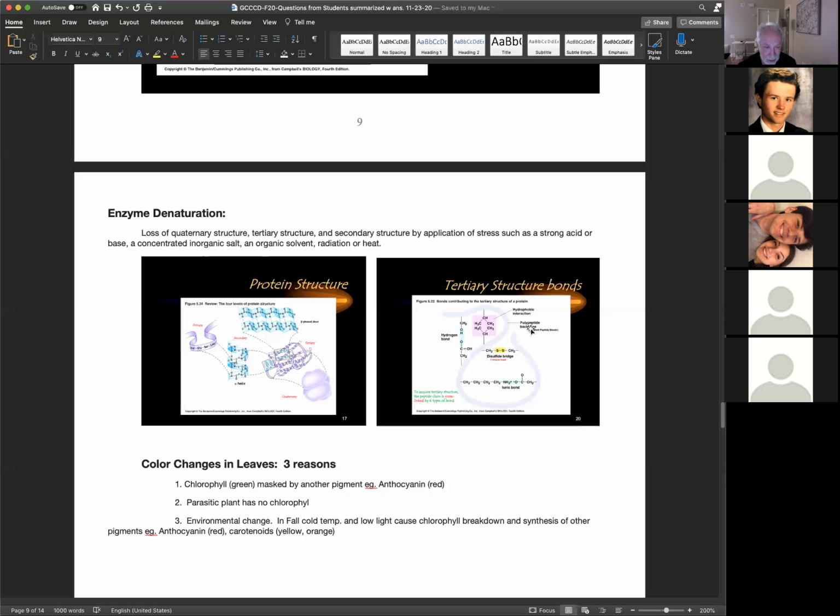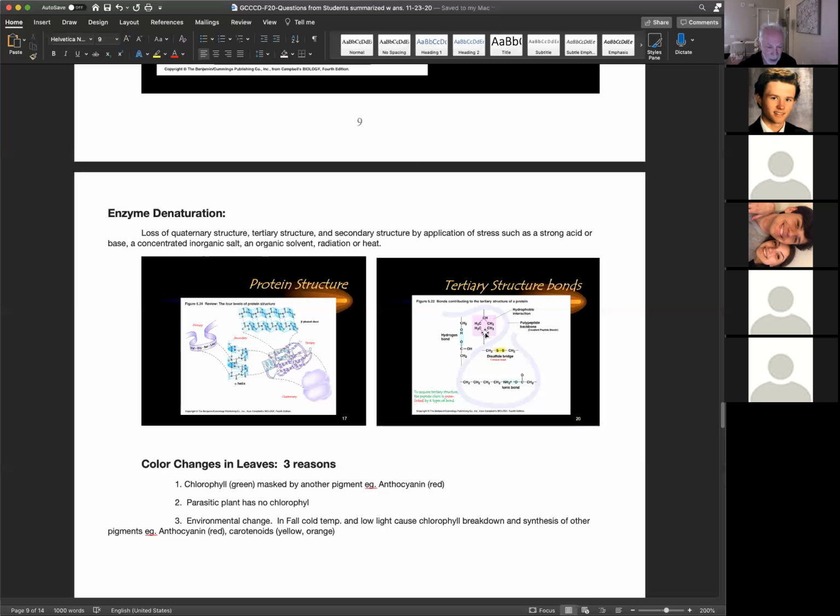So if you look to the right here, tertiary structure bonds, there are 4 different types of bond that can hold the tertiary shape. Hydrogen bonds, hydrophobic interactions, ionic bonds, and disulfide bridges. So if you abuse this thing with heat or radiation or strong acid or strong base, what happens?